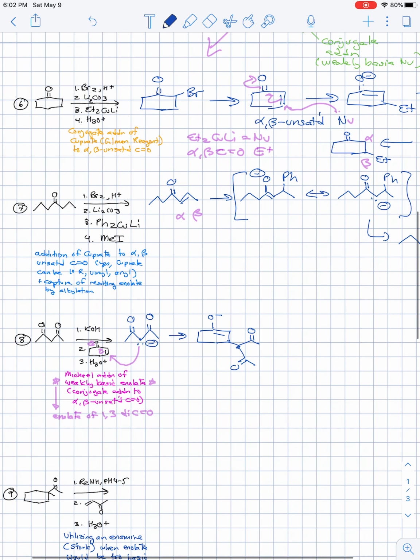And now we're going to protonate this and then do an enol ketotautomerization. And I'm just going to write all that out at once. And that gives us that as a final product.